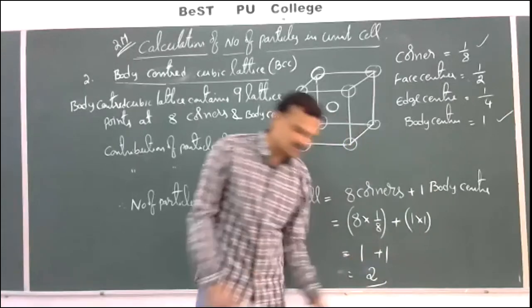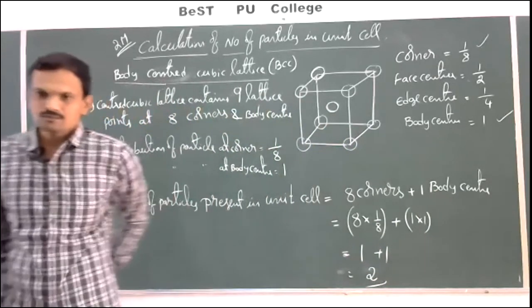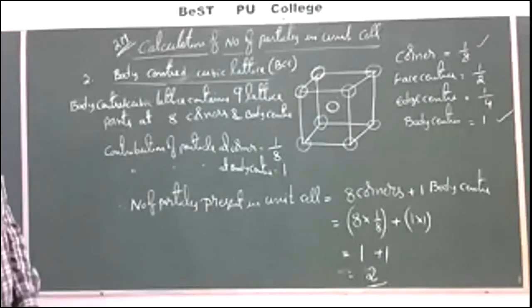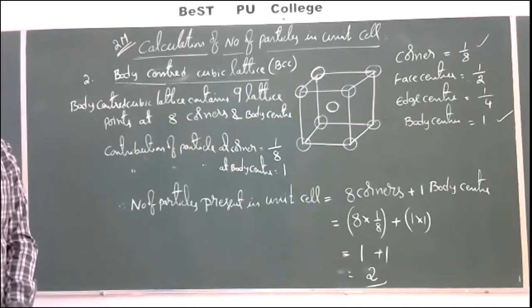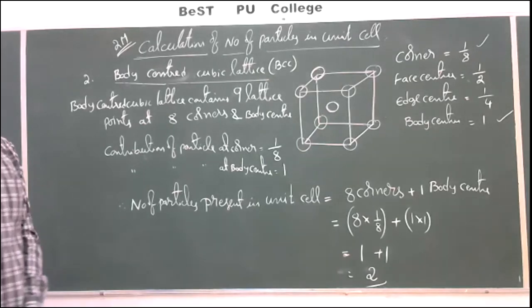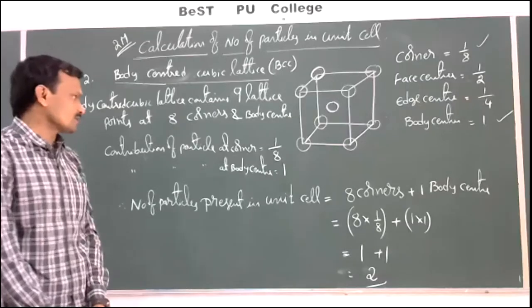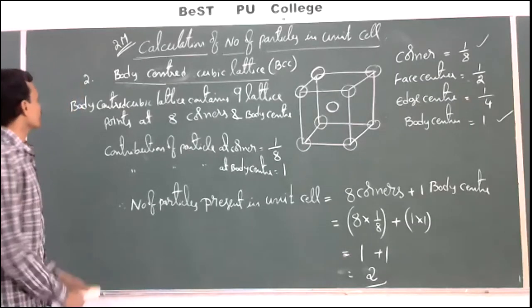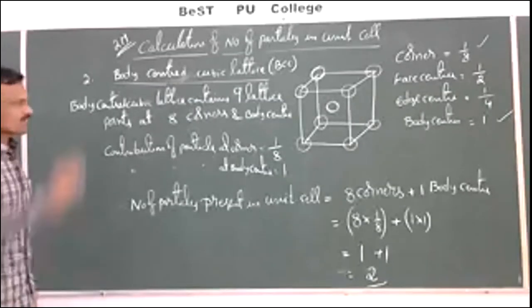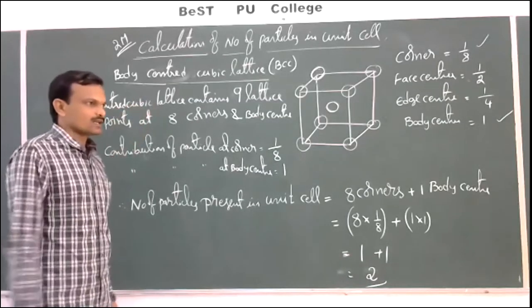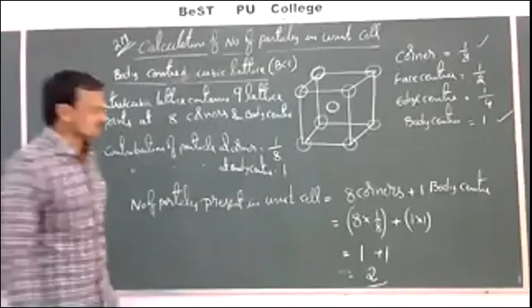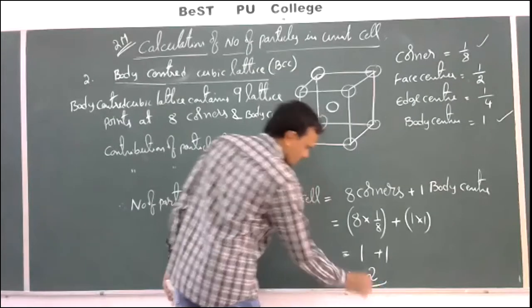So total 1 plus 1 is equal to 2. So this is the calculation of number of particles in a body centered cubic lattice. This is the second one. So 9 lattice points are present. Number of particles in the unit cell is equal to 2.